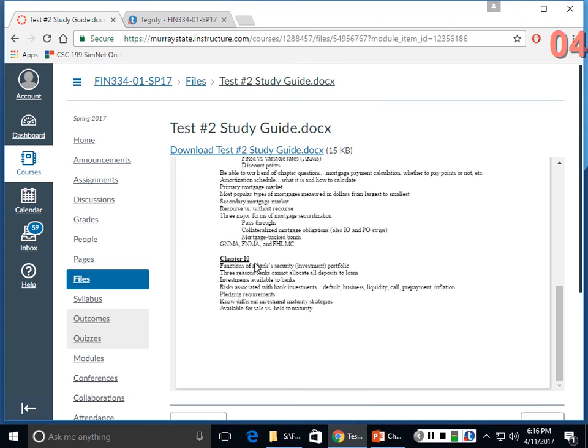So that'll be test 2, and then we'll have test 3. Remember, you also have your paper due. What's the official due date? The 25th. That's the Tuesday before the last Tuesday of classes, right?